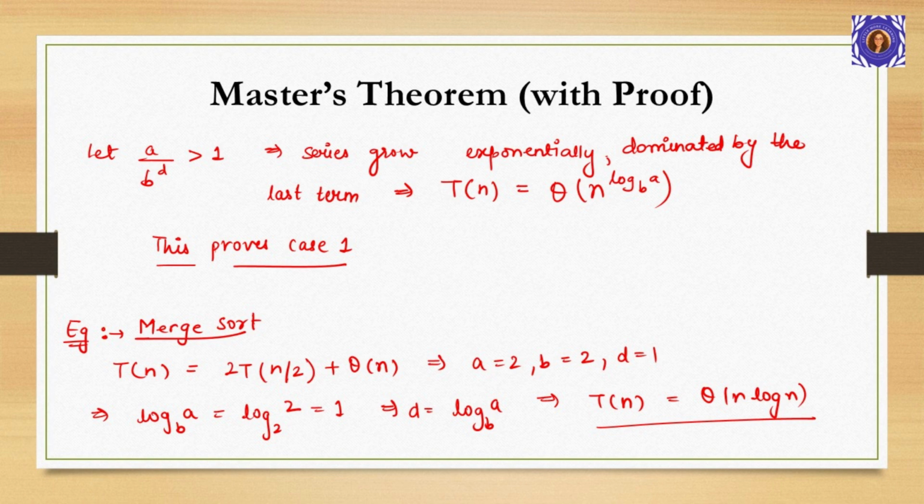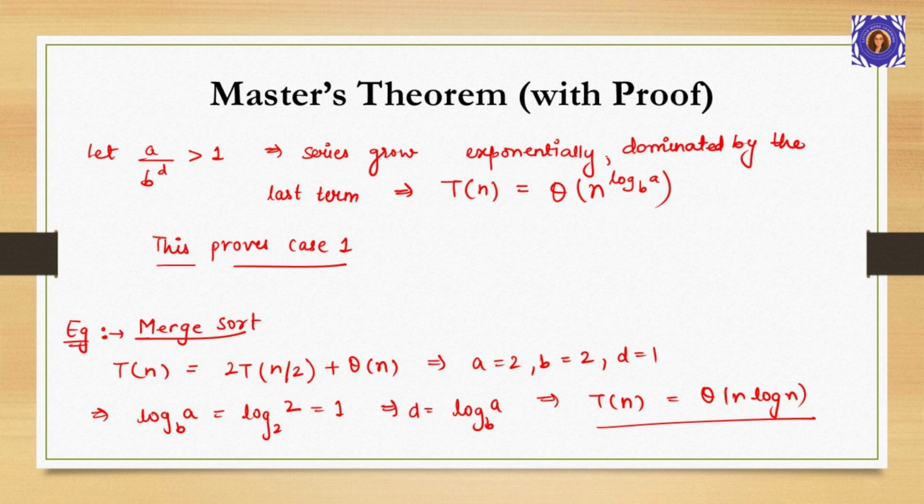The total cost becomes a geometric series: n to the power d times the sum from i equals 0 to log base b of n of a divided by b to the power d, to the power i. When a divided by b to the power d is greater than 1, this series grows exponentially and is dominated by its last term, giving us T of n equals theta of n to the power of log base b of a.